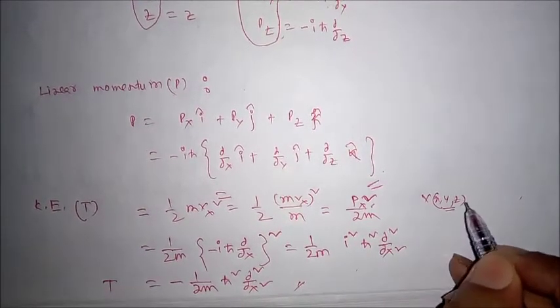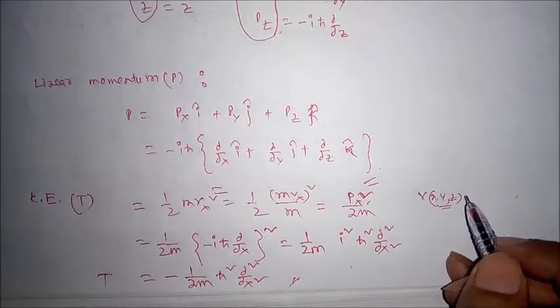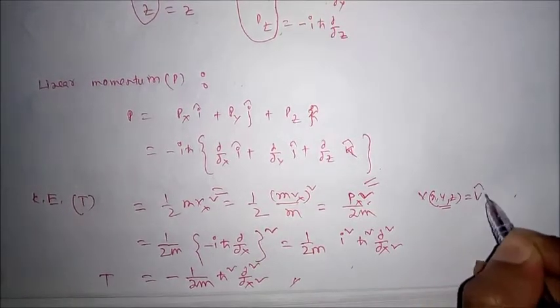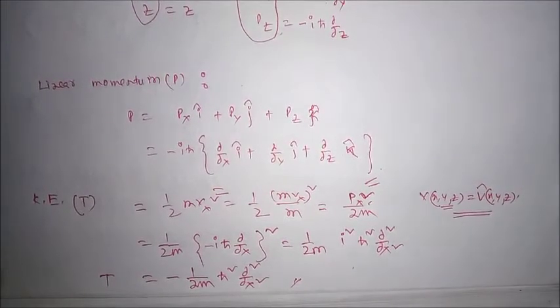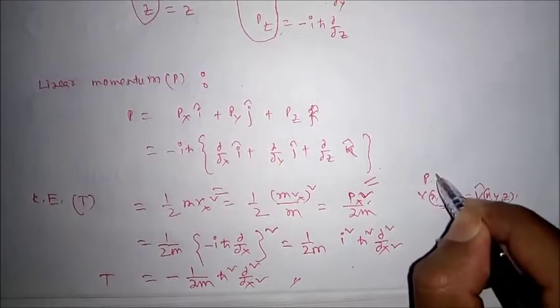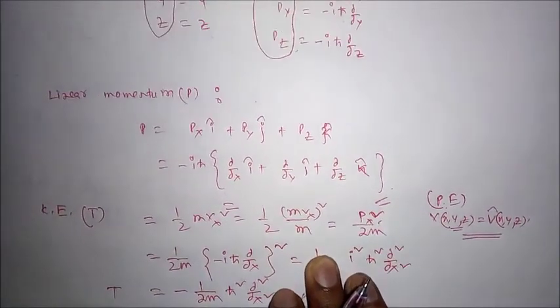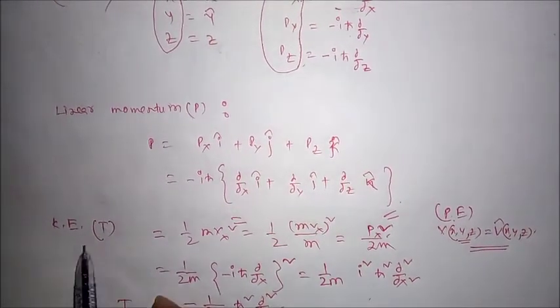Therefore the operator is also expressed in these three Cartesian coordinates. Now we'll see the total energy operator, that is the kinetic energy plus the potential energy.